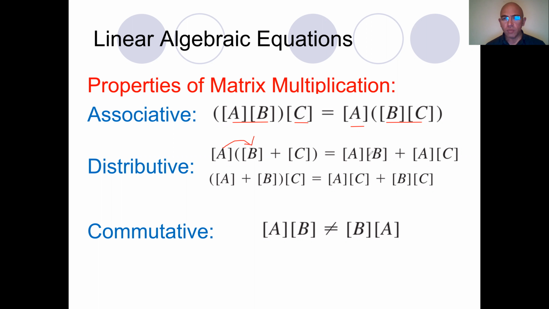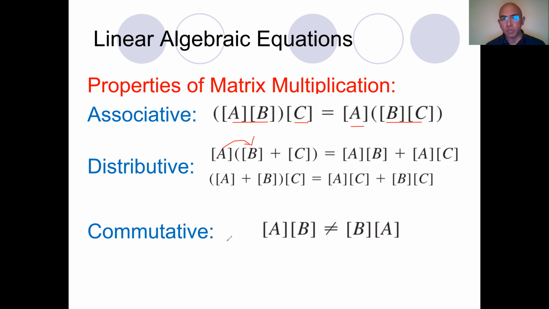That's equal to A multiplied by B plus A multiplied by C. Identically, if you add A to B, then you multiply it with C, again it is equal to A multiplied by C plus B multiplied by C.